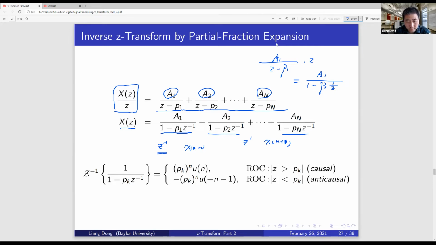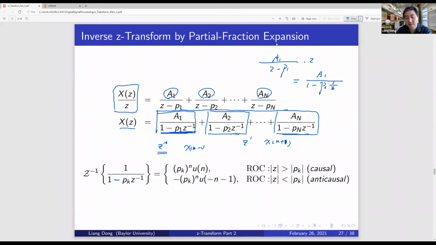Okay, now once we find each one of those as this, that, and that, to do an inverse z transform, because the inverse z transform is a linear operation, I can work on each individual term. If we work on the first term, A1 is a constant, so you can bring that out of the inverse z transform. What's left is the inverse z transform of 1 over 1 subtract p sub k z to the power negative 1.